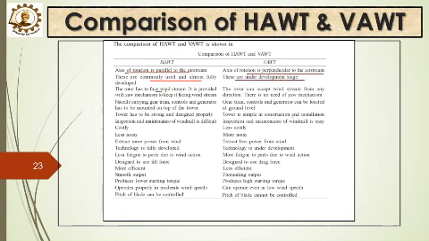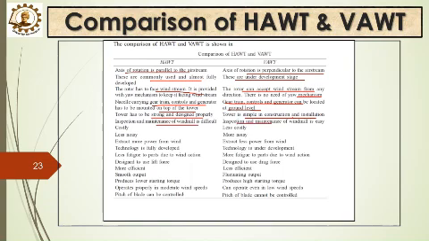In HAWT the rotor has to face the wind stream and is provided with yaw control. In VAWT the rotor can accept winds from any direction, no need of yaw control. In HAWT the nacelle carrying gear train controls and gearbox are mounted on the top. In VAWT the gear train controls and generator can be located at ground level. In HAWT the tower has to be strong and designed properly. In VAWT the tower is simple in construction and installation. In HAWT inspection and maintenance is difficult.